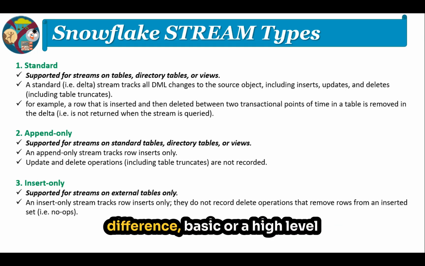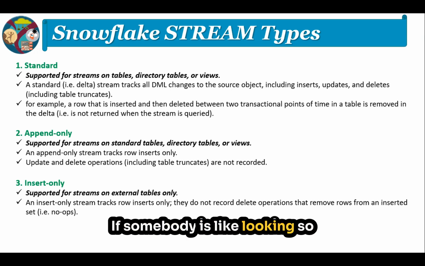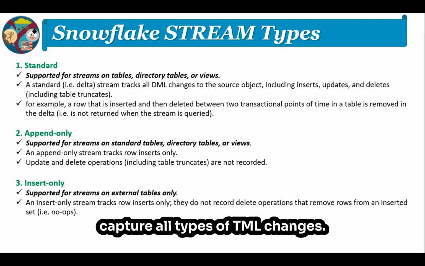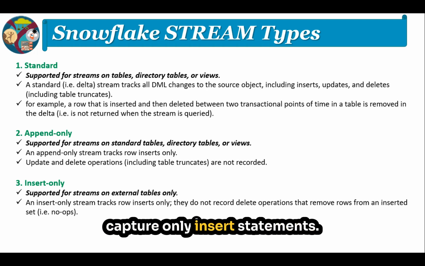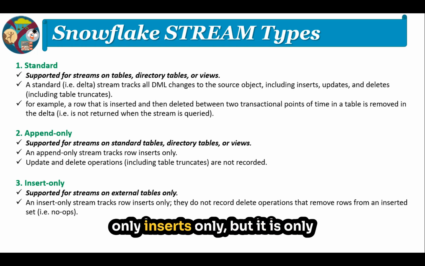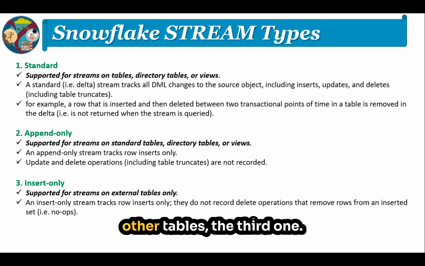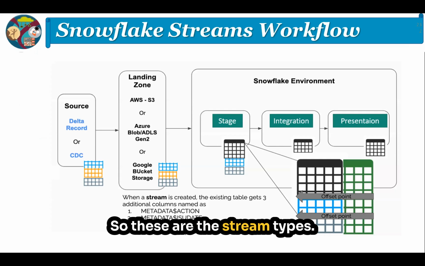The high-level difference: standard captures all types of DML changes. Append only captures only insert statements. Insert only also captures only inserts, but it is only recommended for external tables; you cannot use it for other tables. So these are the stream types.